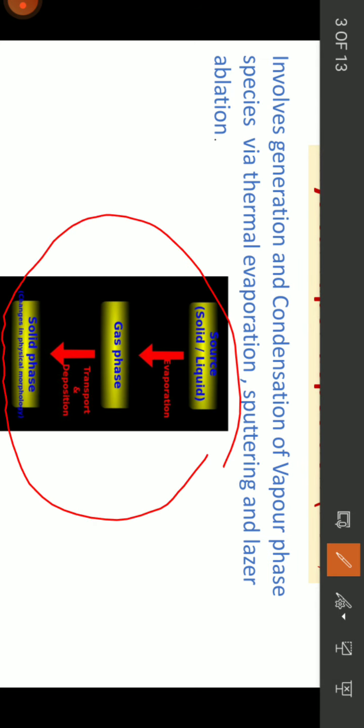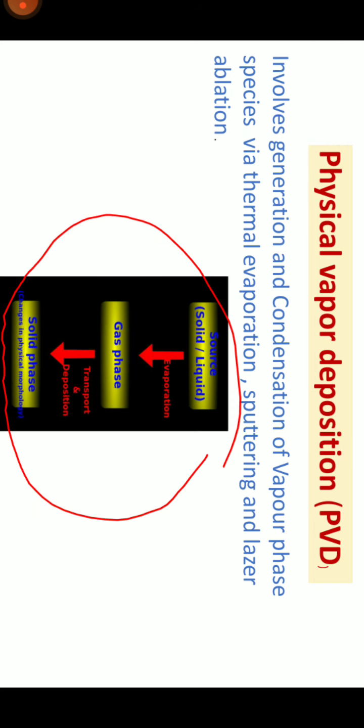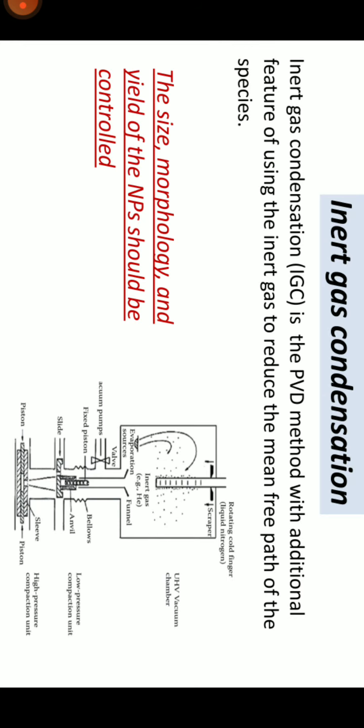First, the source material in the condensed, or solid, phase is converted into the gas phase by the process of evaporation, and the transport and deposition of the gas phase is done, in which we get the condensed phase once again. So it's back to the thin film condensed phase at the last, and each group can be further divided into a number of methods depending on specific techniques applied to activate the source or target atoms.